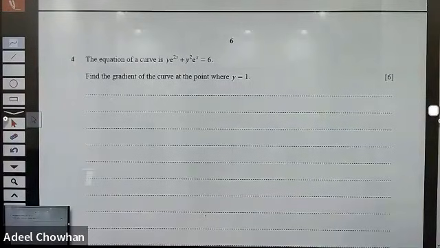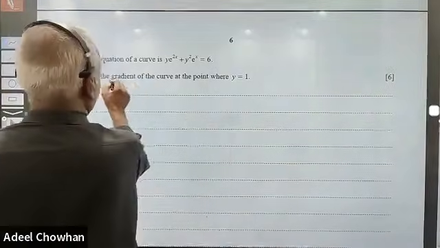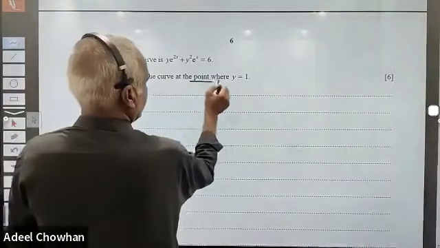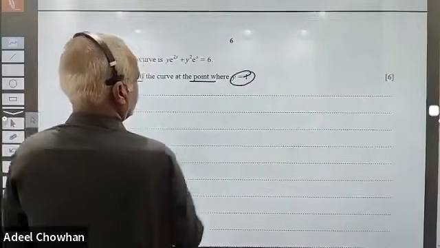The fourth question. The equation of this curve is y e power 2x plus y square e power x is equal to 6. Find the gradient of this curve at the point where y is equal to 1.